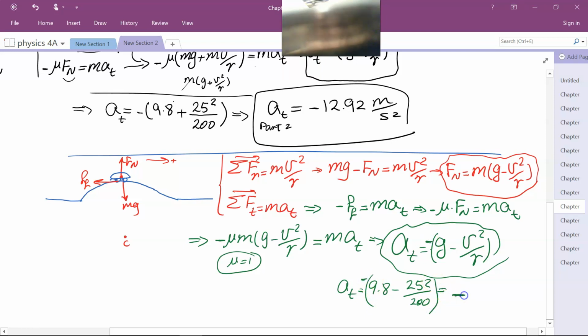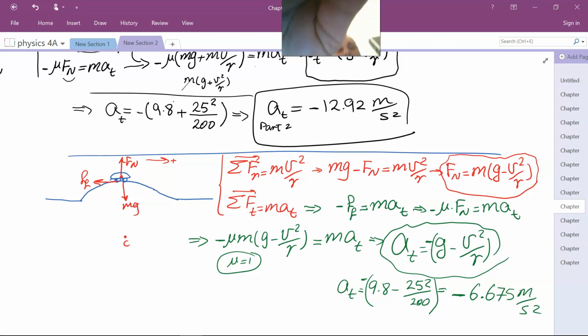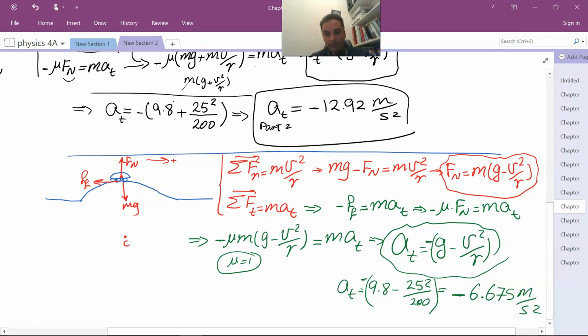The answer will be negative. 25 squared, okay. So the answer is 6.675 meters per second squared. Now that's all. That's all.